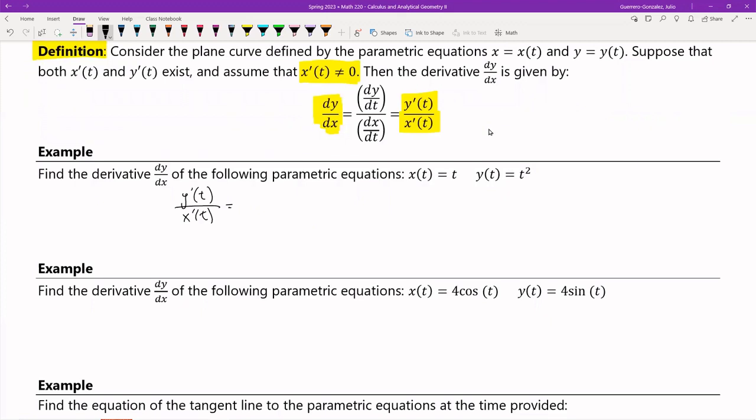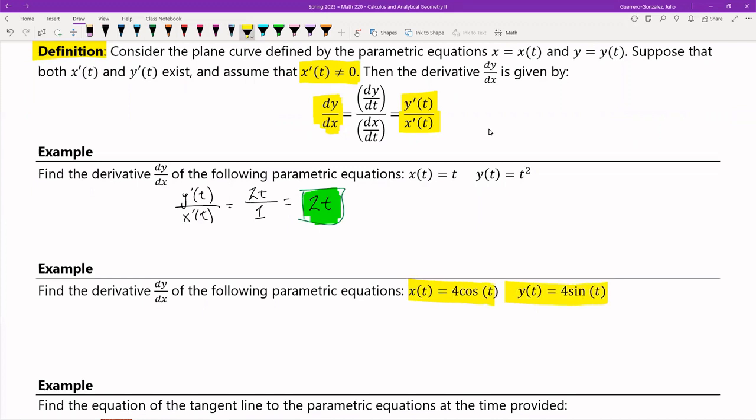My derivative of y of t is going to be 2t over the derivative of x of t, that's going to be 1. So 2t, all done. I know this looks way too simple, and it turns out, yeah, it is.